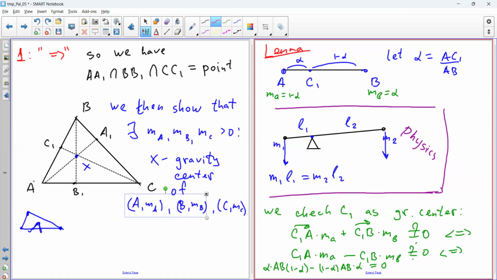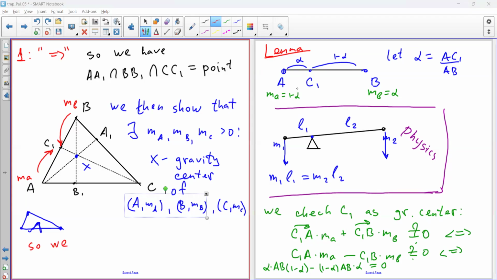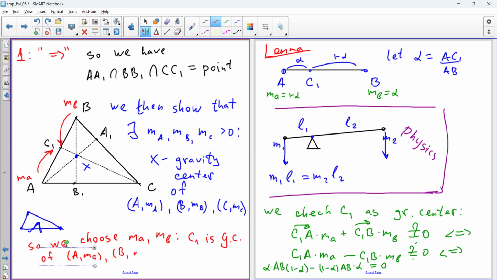So then we put MA and MB so that the gravity center of these two is C1. So we choose MA, MB so that C1 is gravity center of A with MA and B with MB.